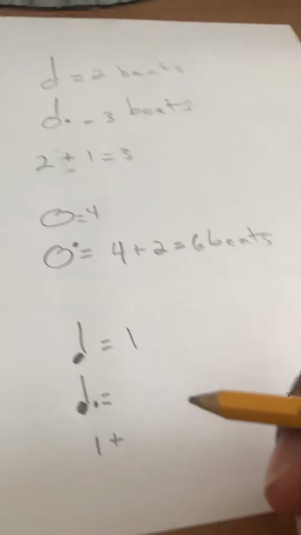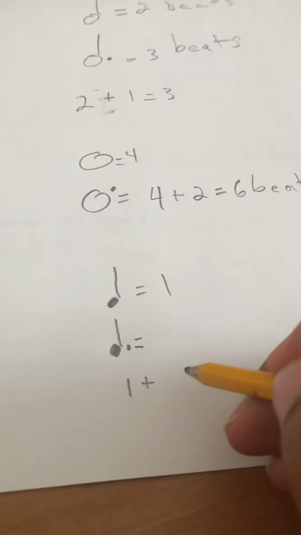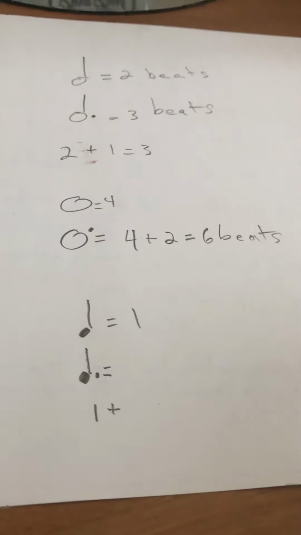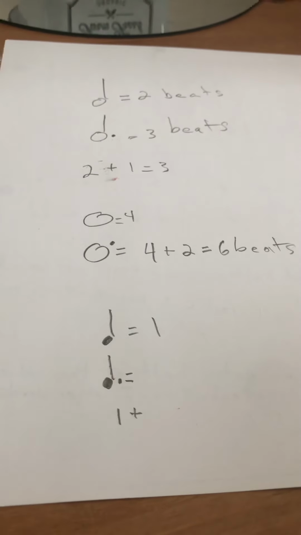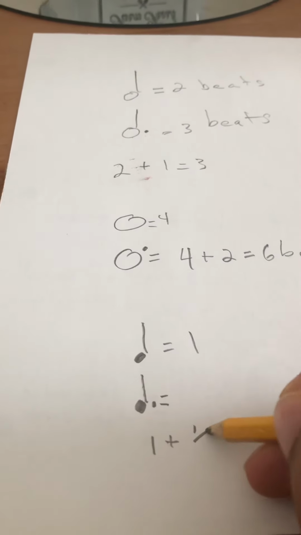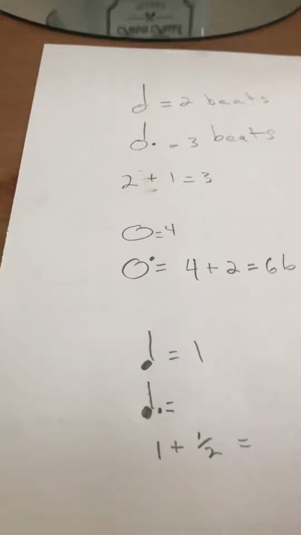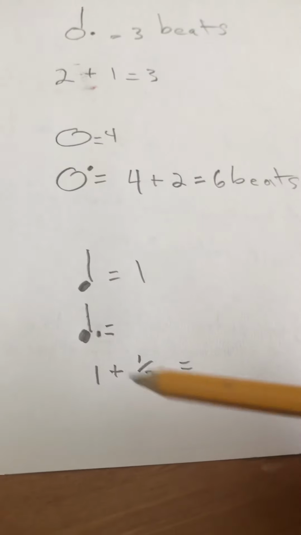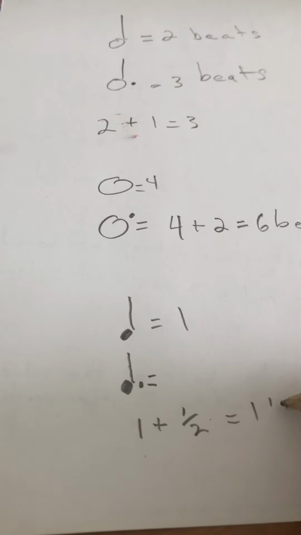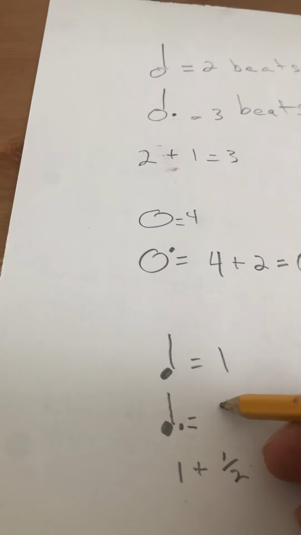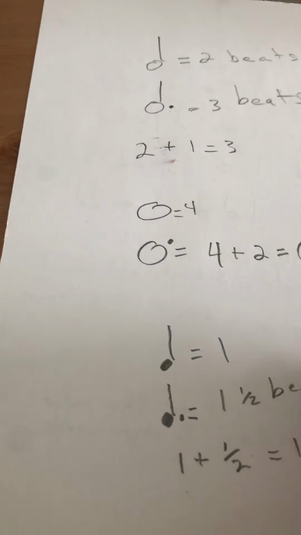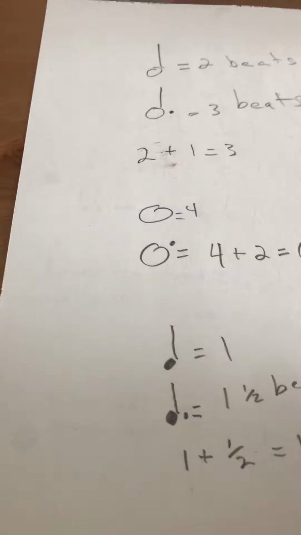What's half of 1? Half of 1 is half. If I had one whole apple and I gave you half, what do you have? You have half of an apple. So the 1 plus the half equals 1.5. So the dotted quarter note would be worth 1.5 beats of sound, okay?